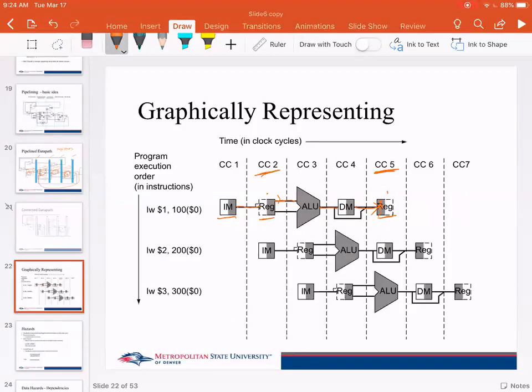And CC2 is taking a piece of data from the register file. So you know why we have a different color for one piece of hardware: this is the register file, the first half means write and the second half means read.